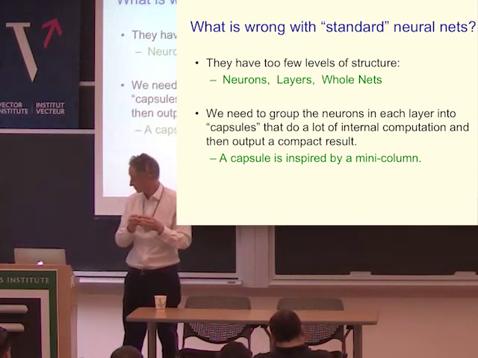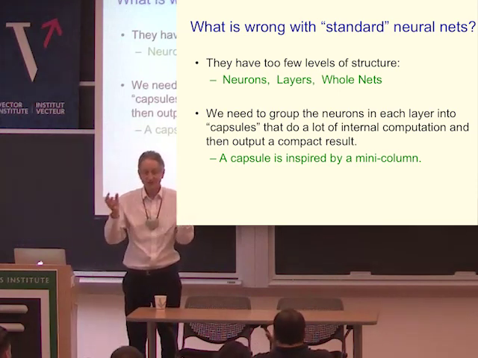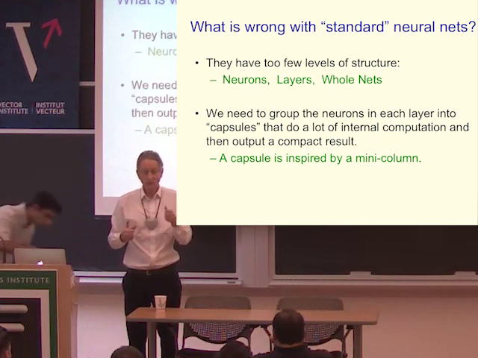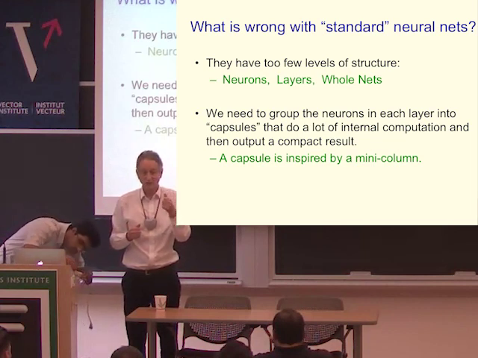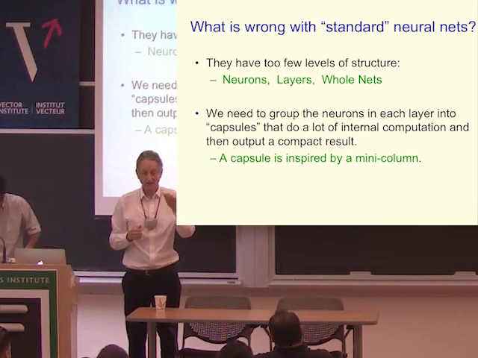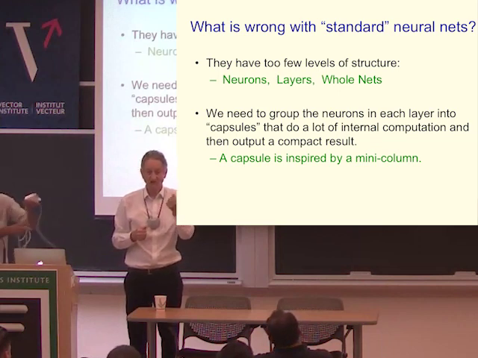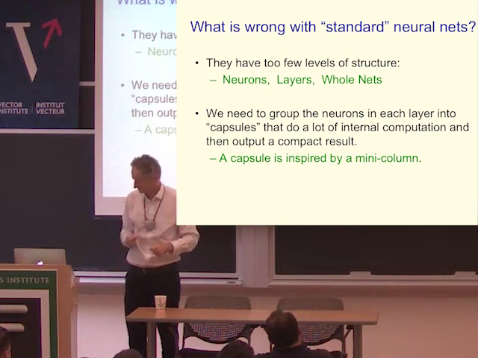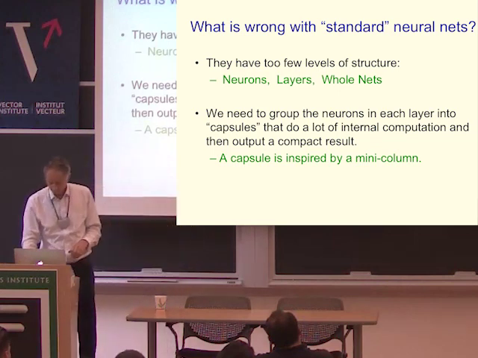Okay. Associated with each of these capsules, I'm also going to have something that says whether it's active or not. So I'll have a logistic unit, because logistic units are good for probabilities, that says, is this thing present?